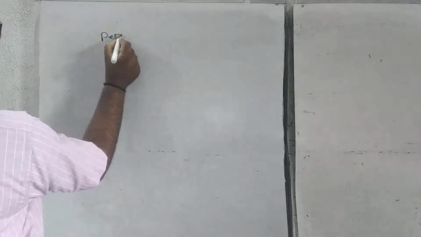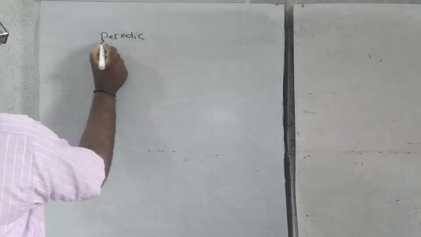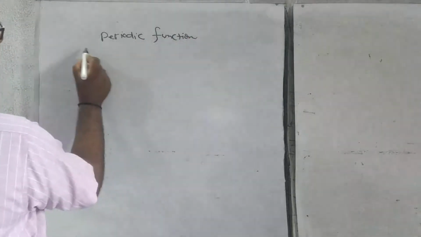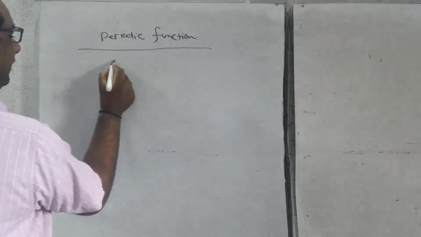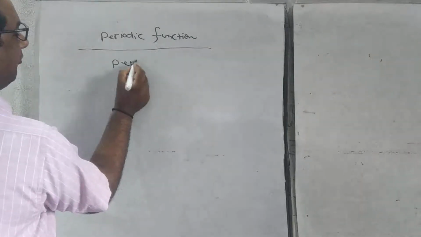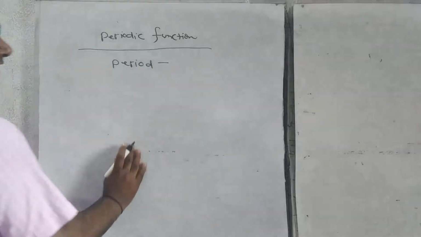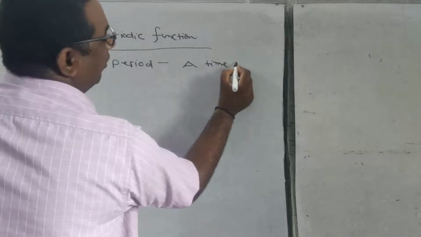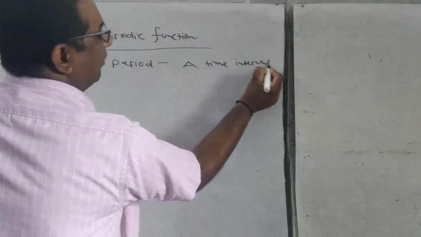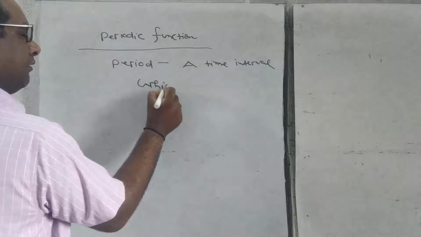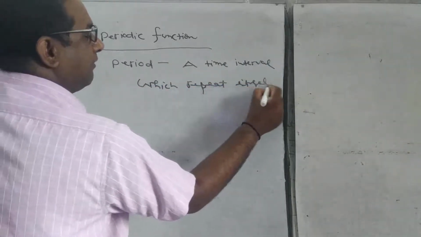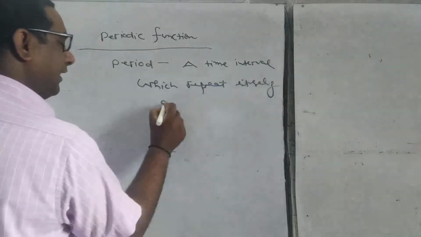Now there is a term known as periodic function. The word period itself is described as a time interval which repeats itself again and again.